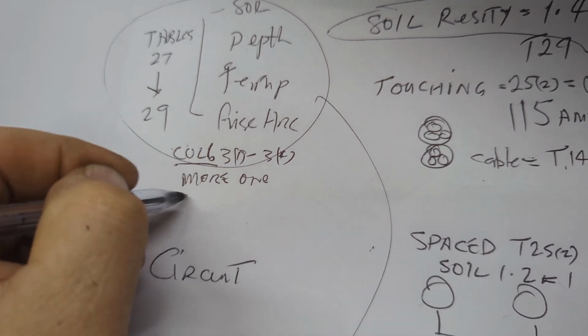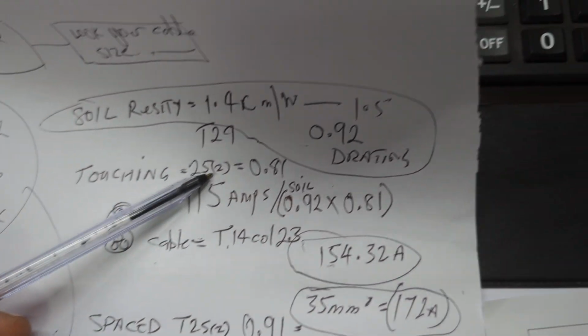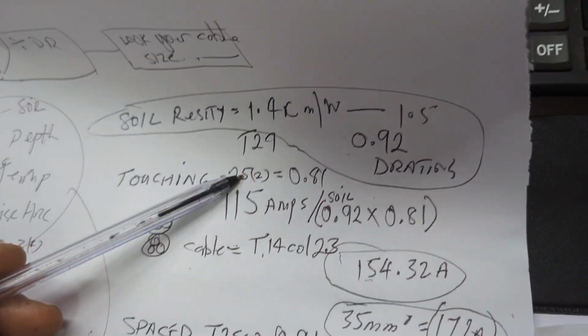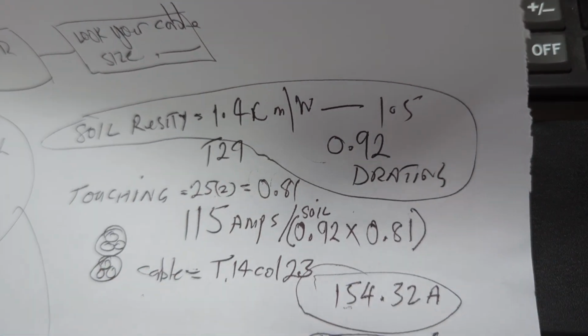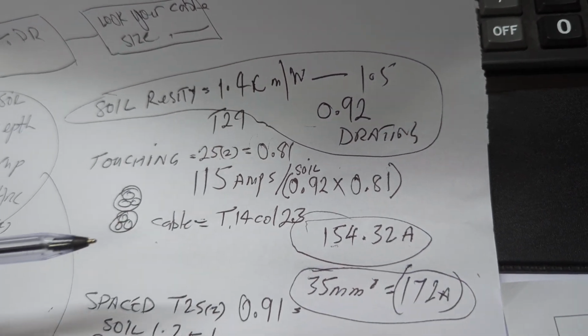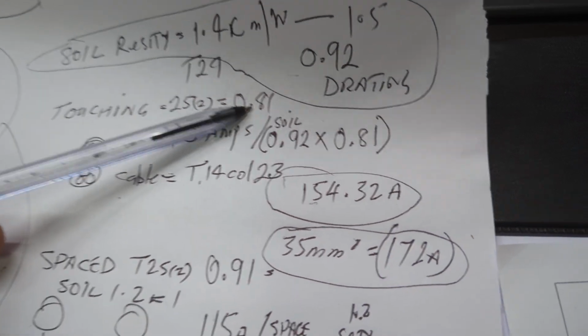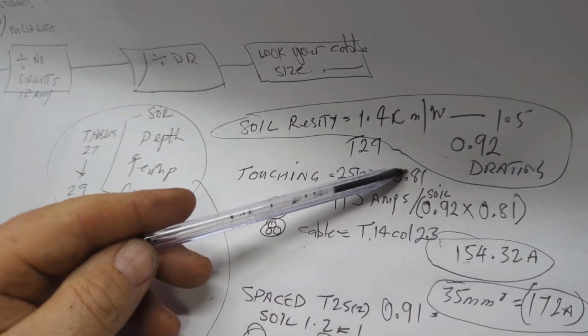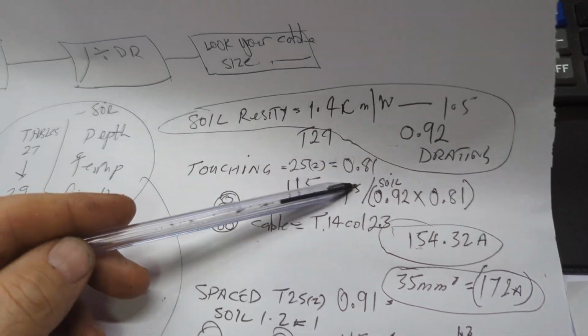So when we've got more than one, that's where we use the 25.2, because we had more than one circuit, and that table told me to go there. That's a derating as well. So when you've got cables touching and spaced and all that stuff, the deratings still apply with that. So you've got these 5 here, and then you also have the ones where the guide tables will tell you to go to the derating.